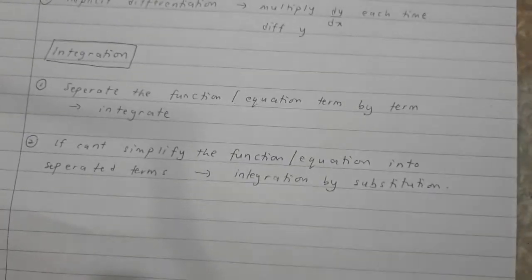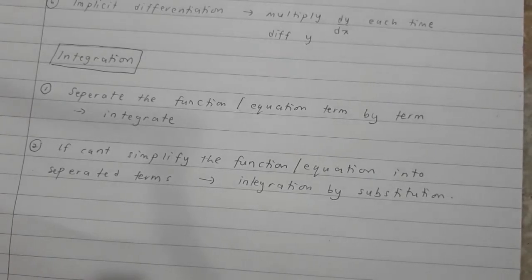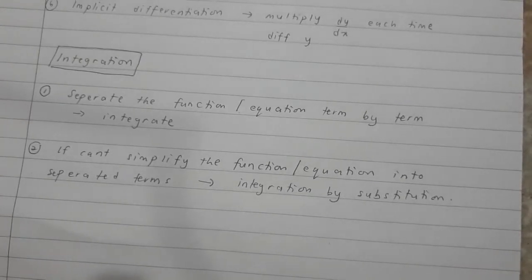Okay, berbeza dengan integration. Integration is the antiderivative, or the opposite of differentiation. Kalau dalam differentiation ada banyak method, kita boleh guna bergantung kepada soalan, tetapi dalam integration tidak. There is no definition, no composite function, no chain rule, no product rule, no quotient rule, no implicit differentiation in integration.